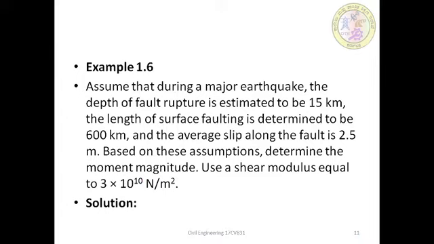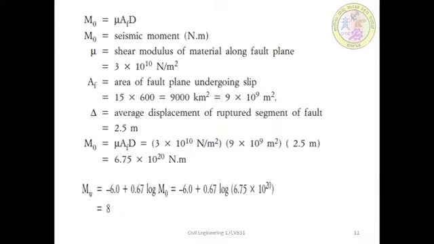Use the shear modulus equal to 3 into 10 raised to 10 Newton per meter square. The known equation for this example is M naught equal to mu into Af into D. Here M naught is the seismic moment, expressed in Newton meter, and mu is the shear modulus of the material along the fault plane.